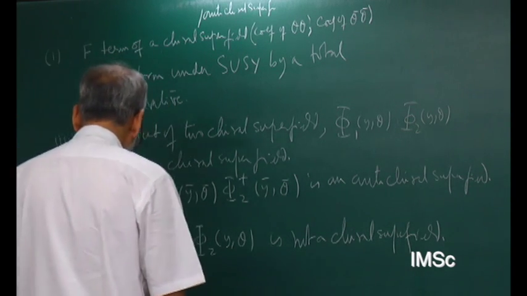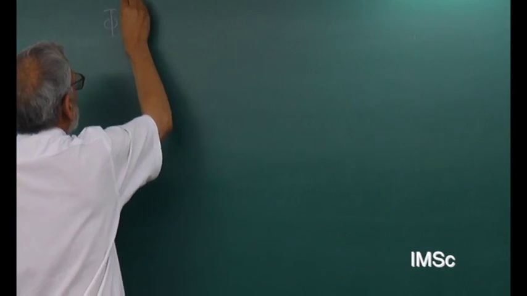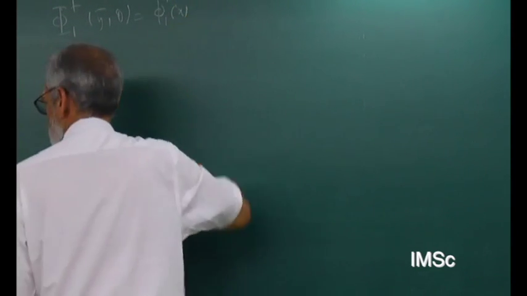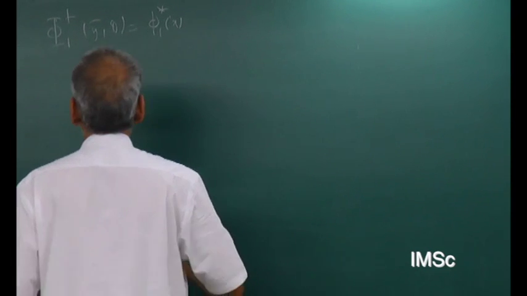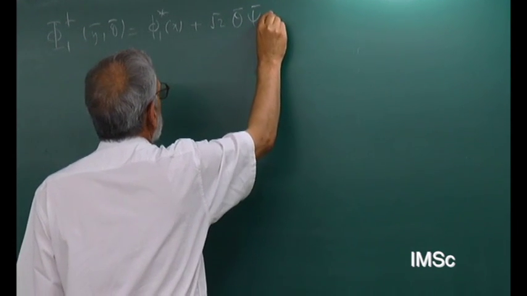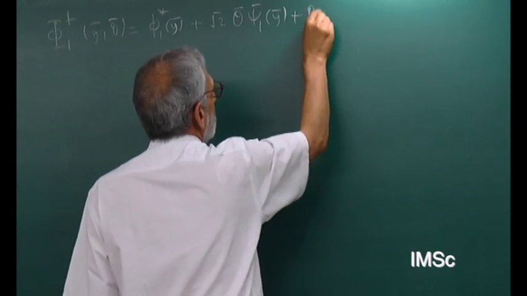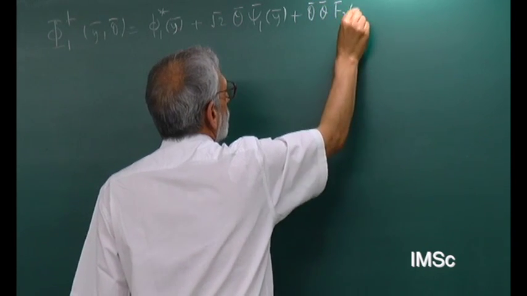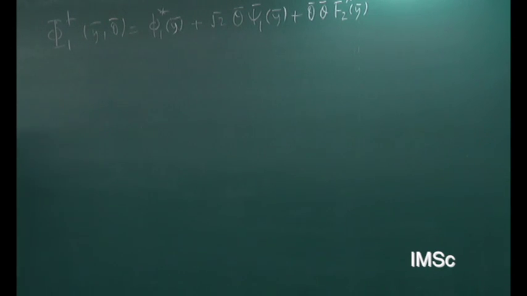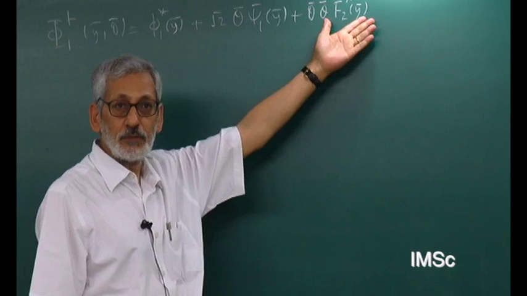So, for example, if I write phi 1 dagger of y bar and theta bar to be phi 1 star plus root 2 theta bar psi 1 bar of y bar plus theta bar squared F1 star of y bar, because that would be a general expression for an anti-chiral superfield in terms of its components: phi 1, a scalar field, psi bar, a fermion, and F1 star, the auxiliary field.